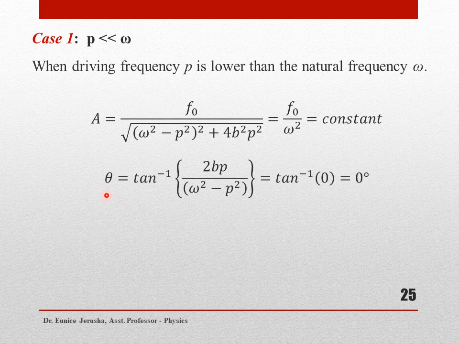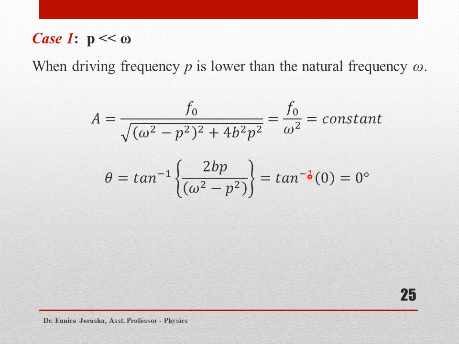The phase angle theta, which is tan inverse 2BP divided by omega square minus P square, turns out to be tan inverse 0 because P is very small. Since P in the numerator is very small and tends towards 0, this entire set of terms turns out to be 0.